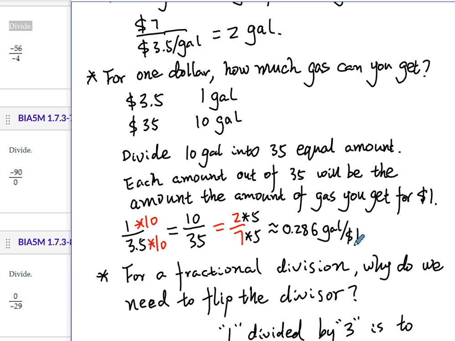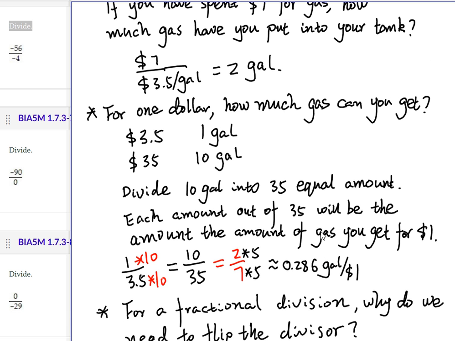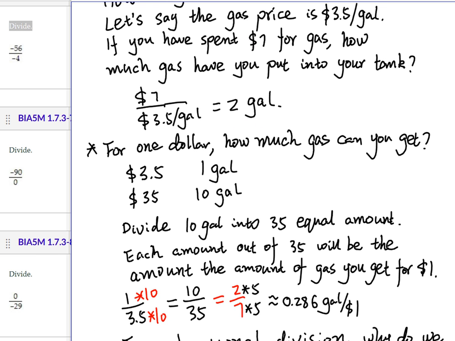So for $1, you can approximately get 0.286 gallon. If it's $3.5, you will get a gallon. Okay. So here you can see, when you get gallon, you use gallon as the numerator and $3.5 as the denominator.